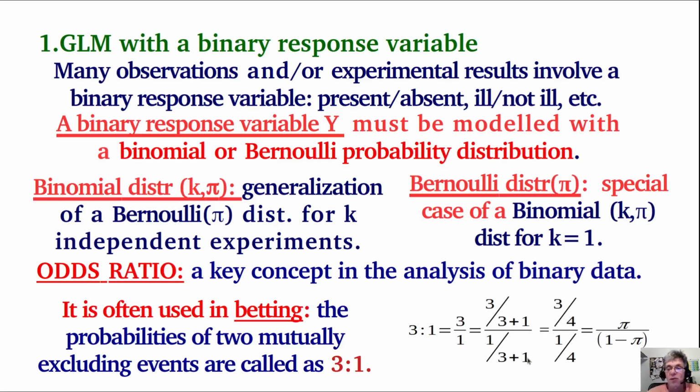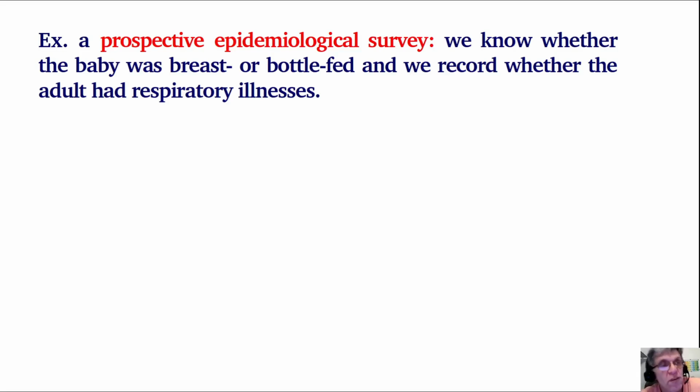This is equal to 3/4 to 1/4, and so this 3 to 1 corresponds to the probability p being 3 times larger than the probability of 1 minus p, which is the complement, in a binary random observation. So let's see an example.